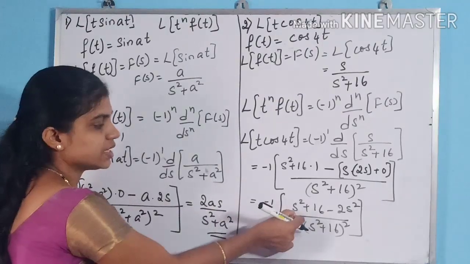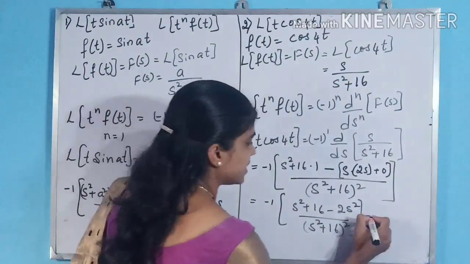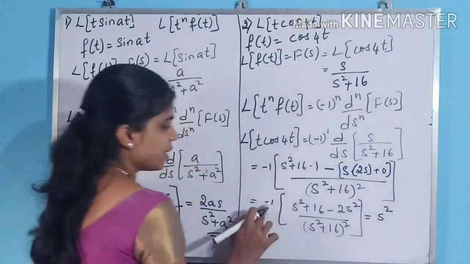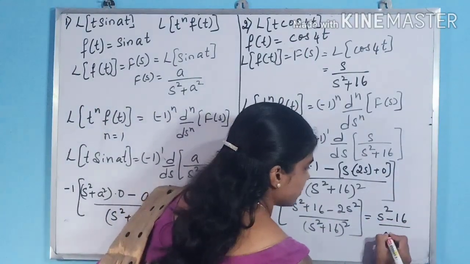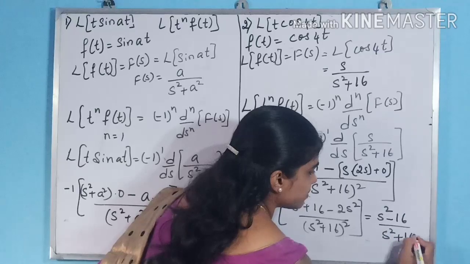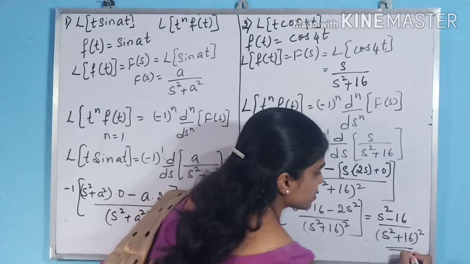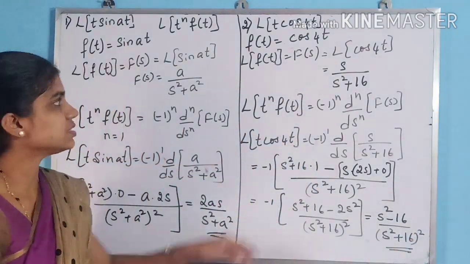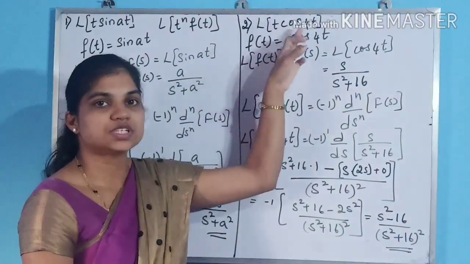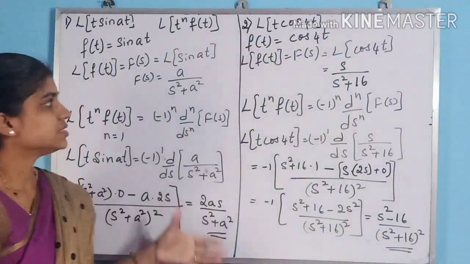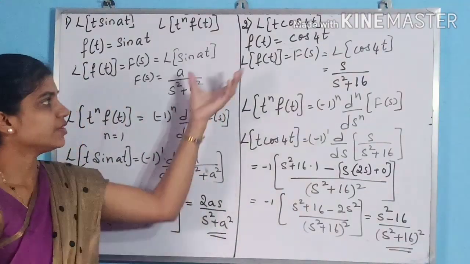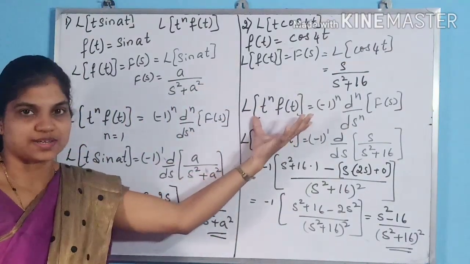Minus 1 into minus s square, I will write it directly, is plus s square, minus 1 into plus 16 is minus 16. So s square minus 16 upon s square plus 16 the whole square is the answer for Laplace transform of t cos 4t. Okay, this is much simpler if you know the formula.